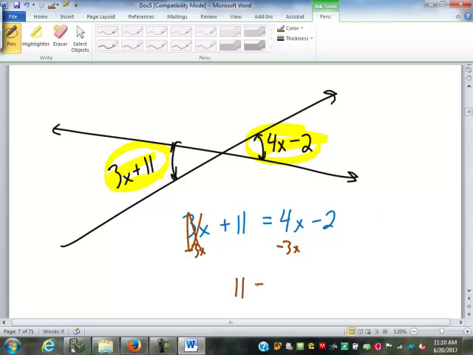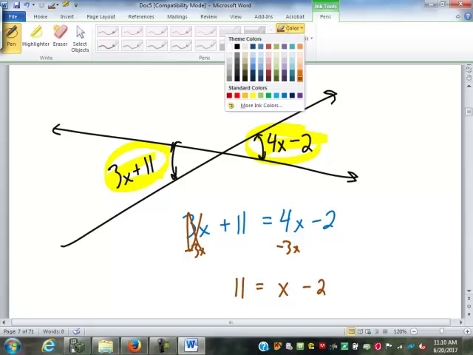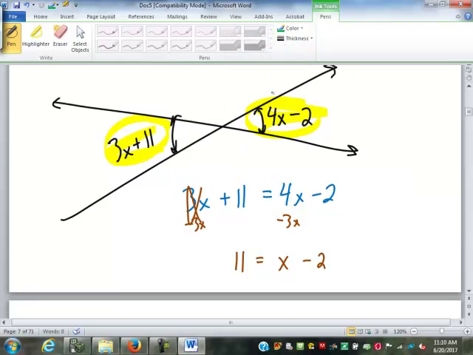So I get 11 equals, what's 4x minus 3x? 1x, or I can just put an x, right? And I have the minus 2. So then what? Add 2. So 13 equals x. All done?